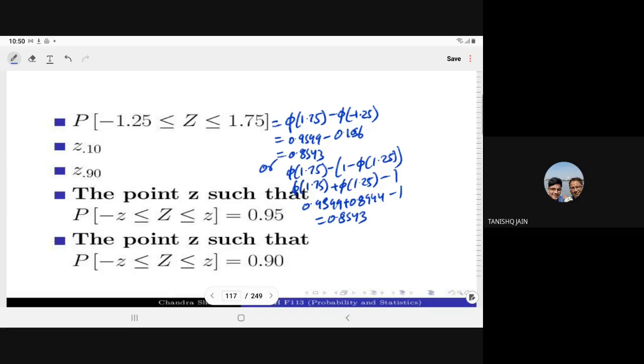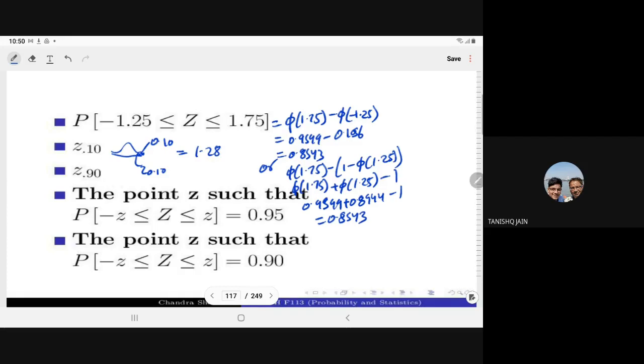What is the Z of 0.10? Z of 0.10 means the left side area is 0.10, right? From the table, this value is minus 1.28. I have told you that these standard values you have to remember.